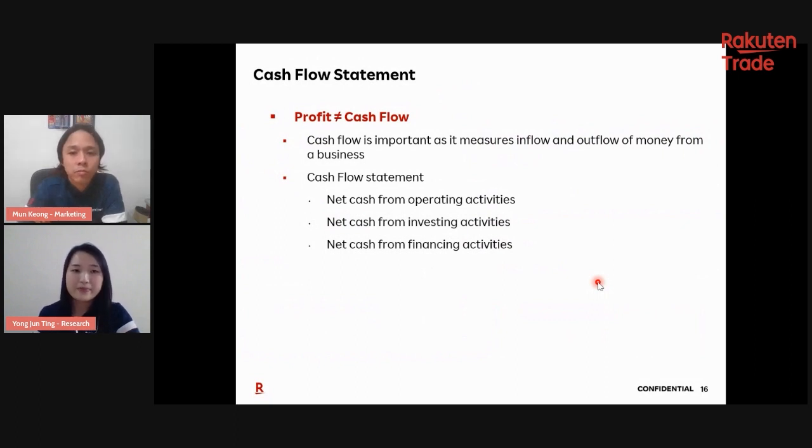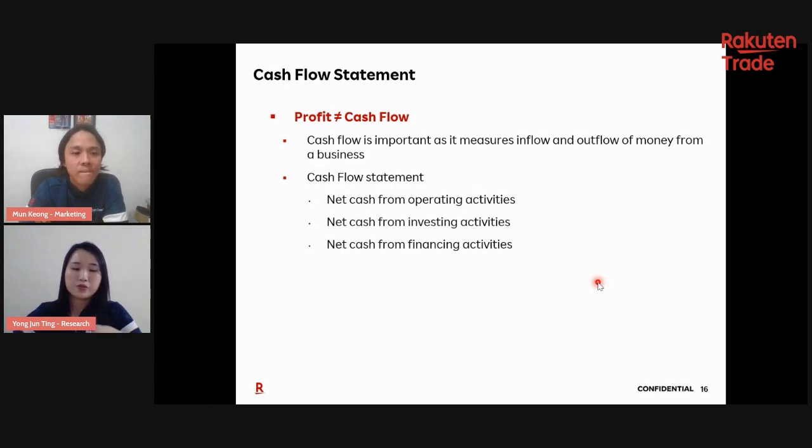So the third one, I'll say it's the most important one, cash flow statement. Profit is not equal to cash flow. So remember this. Yes, I agree that the intention, the purpose to run a business is to generate enough profit, but the real intention behind is to generate enough cash flow, because cash flow is very important.